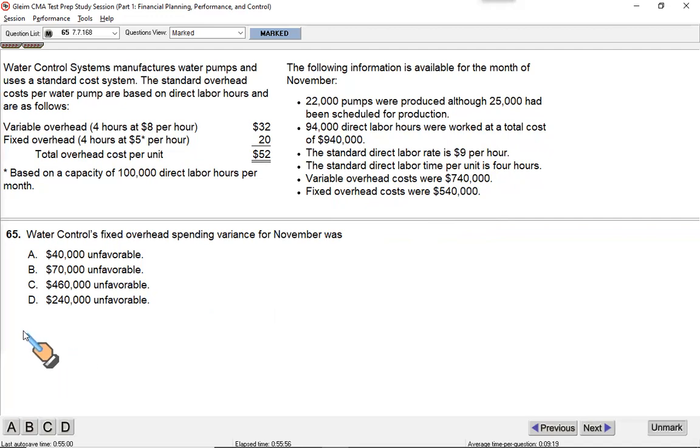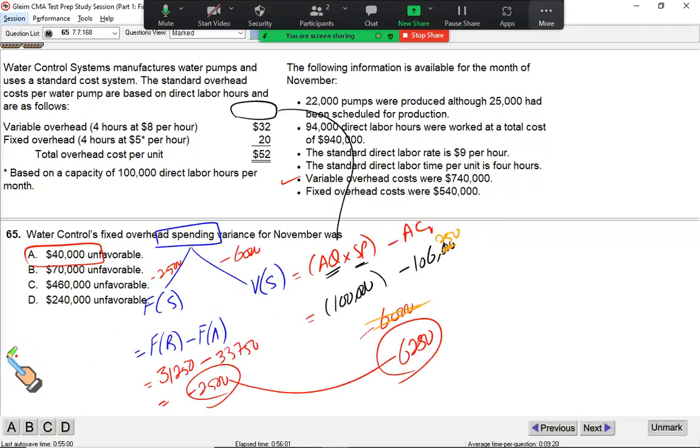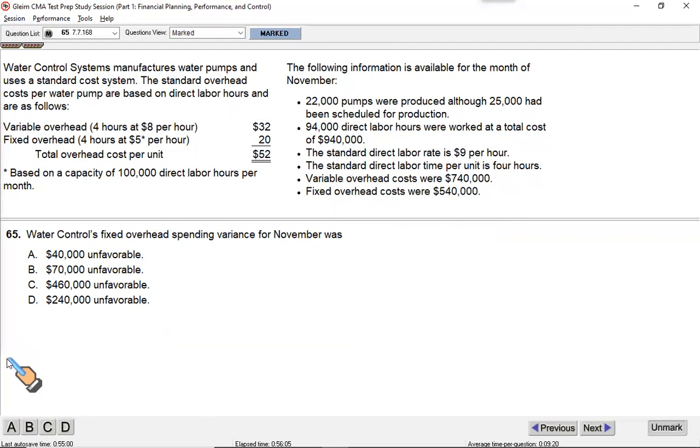So let us now focus on the requirement of the question. Let's first erase it. So in this question, we need to calculate the fixed overhead spending variance for November.